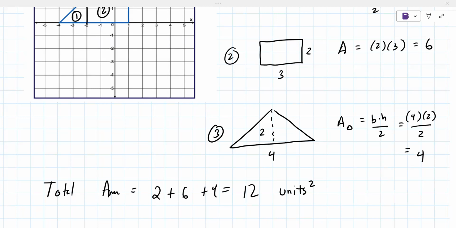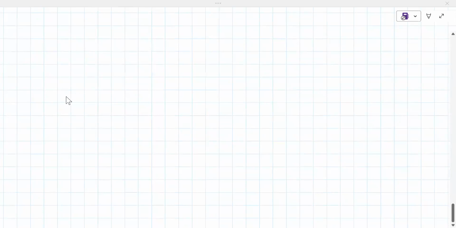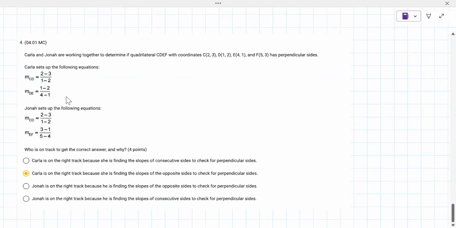I would like to check this problem, number 4 on part 1. This is a different one, the multiple choice test. I put it into the chat. Parallel and perpendicular lines working together to determine a quadrilateral has perpendicular sides.